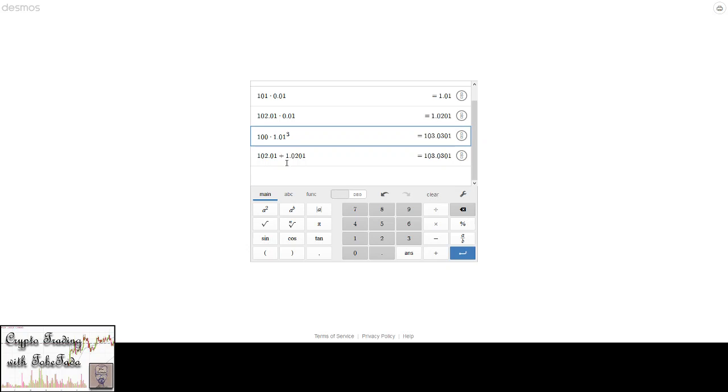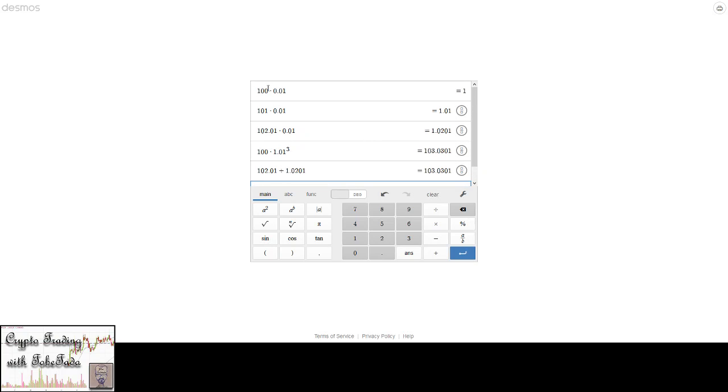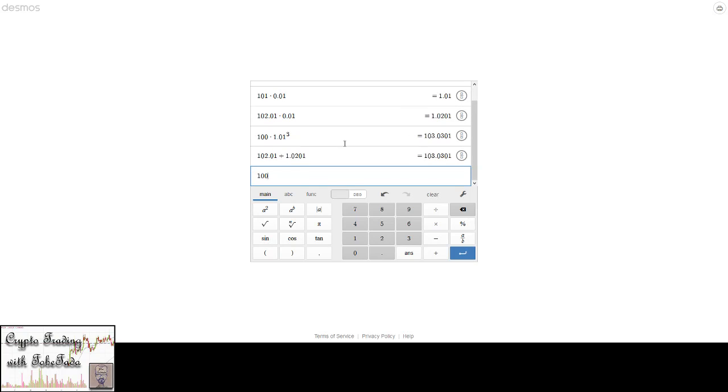This could stand, for example, for banking, where if you get 1%, which is quite common nowadays, 100 times 1% is $1. And if you leave that money in the bank for 3 years, you'd get here $103.03 with compound interest.